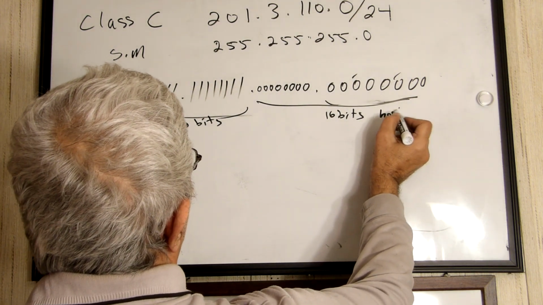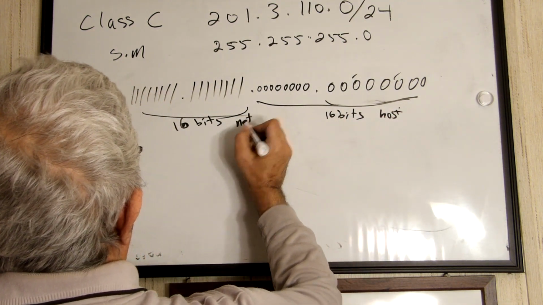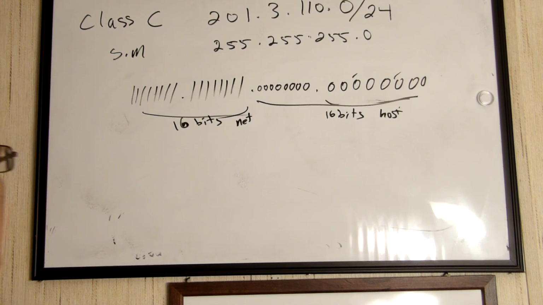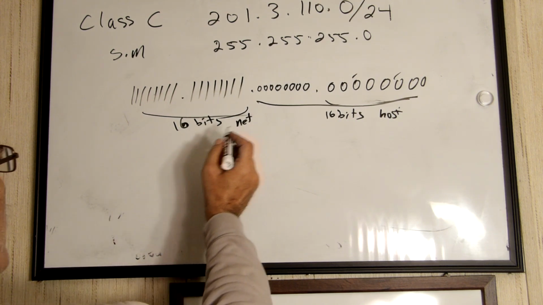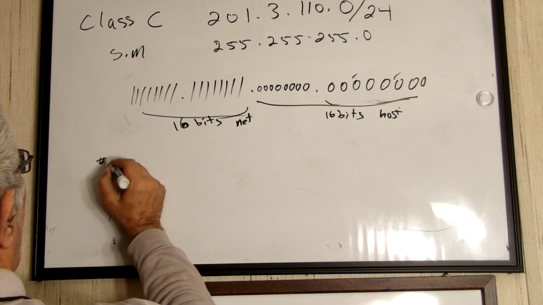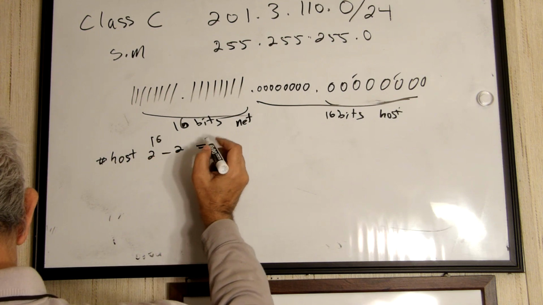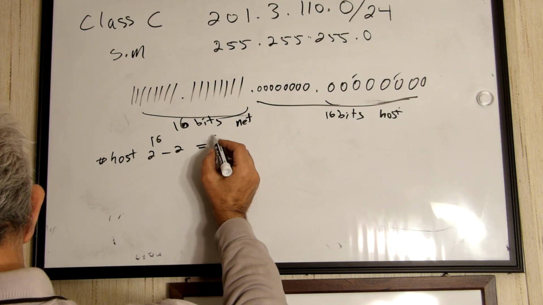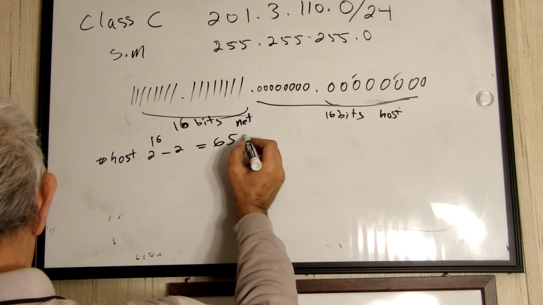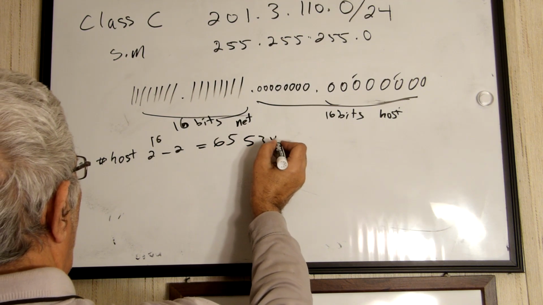Here we find that the number of hosts is 2 to the power of 16 minus 2, which is 65,534.